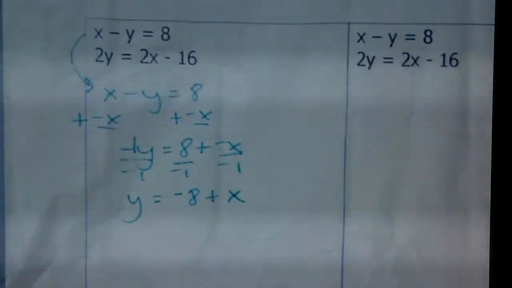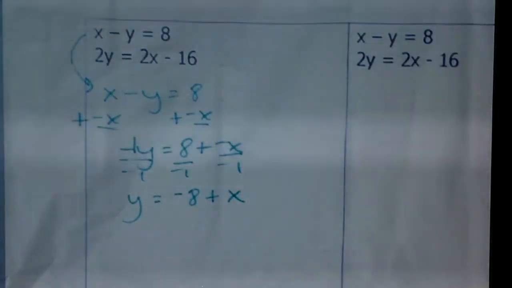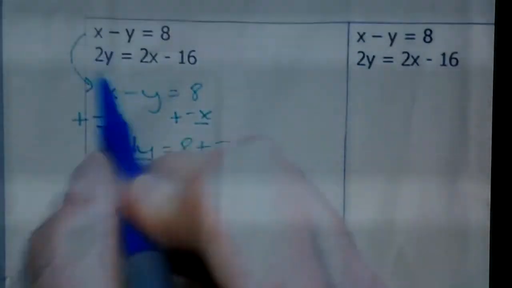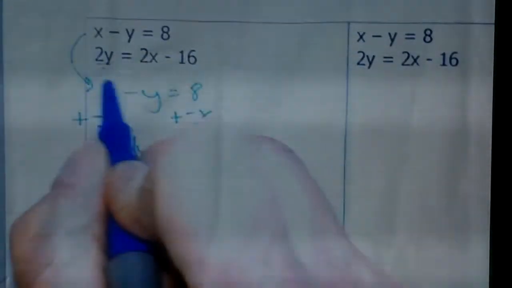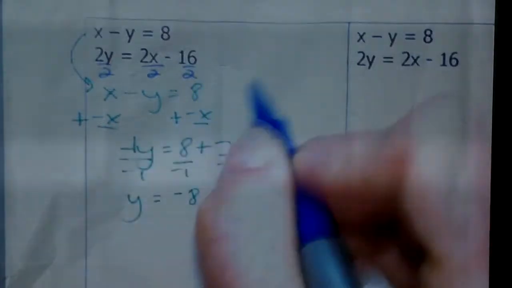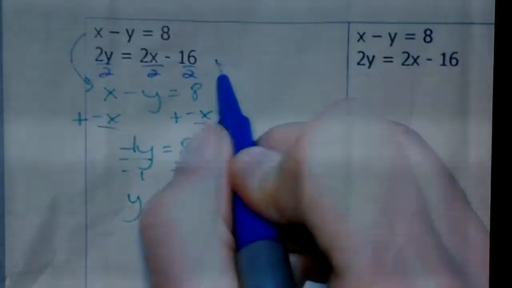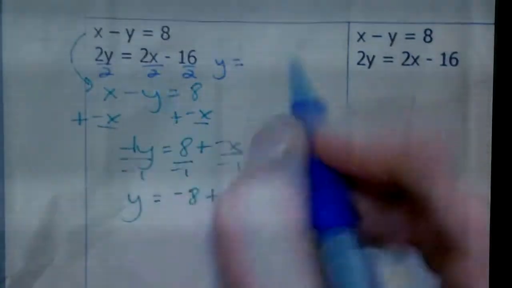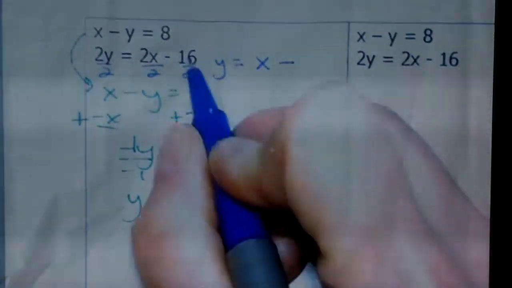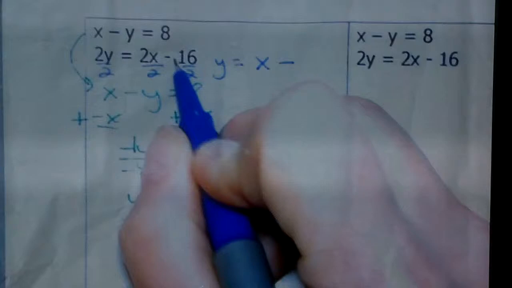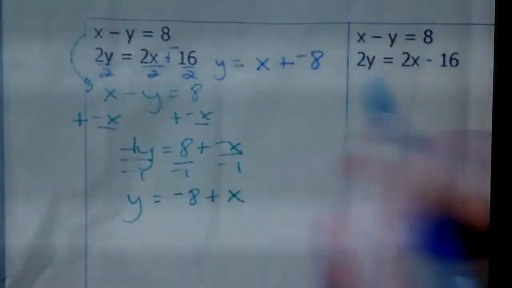That's our first equation. And in our second equation, the y term is already by itself. All we need to do is divide everything by the 2 that's in front of it. So y equals 2x divided by 2, which is just plain old x, minus negative 16 divided by 2, that's a negative 8.